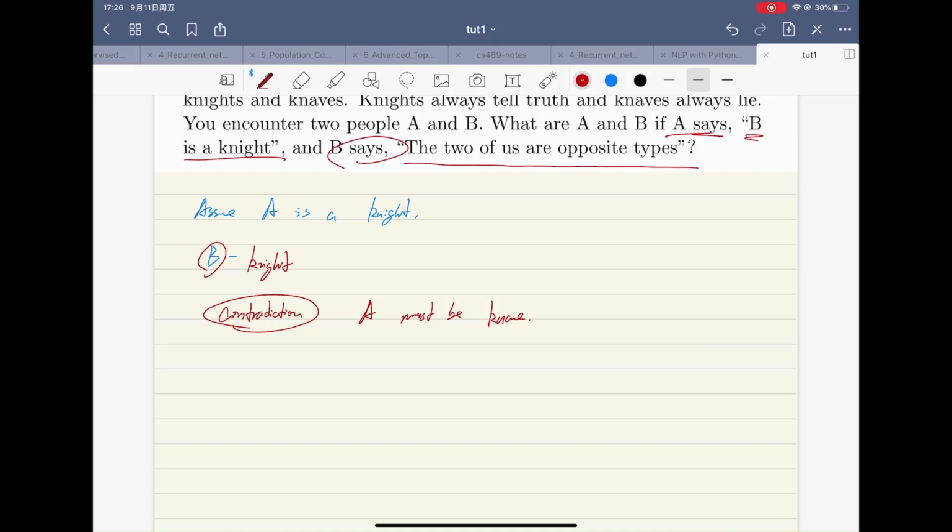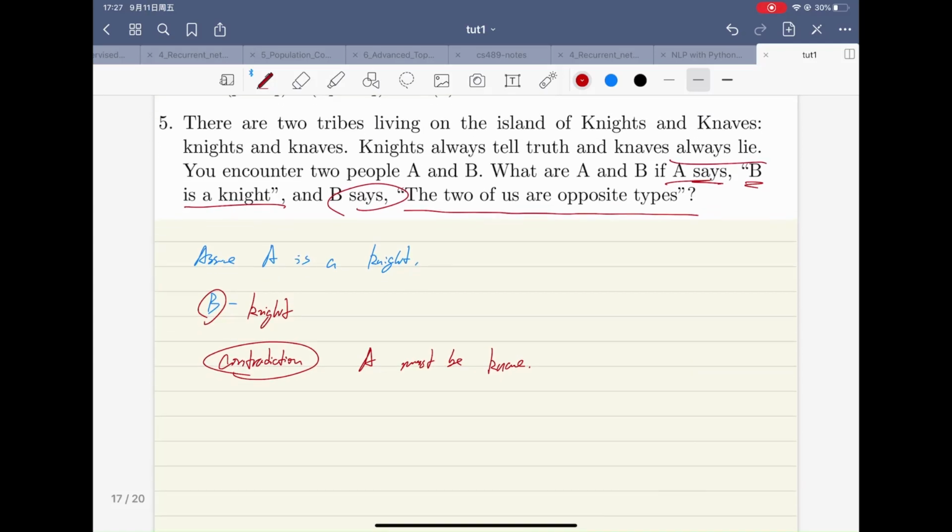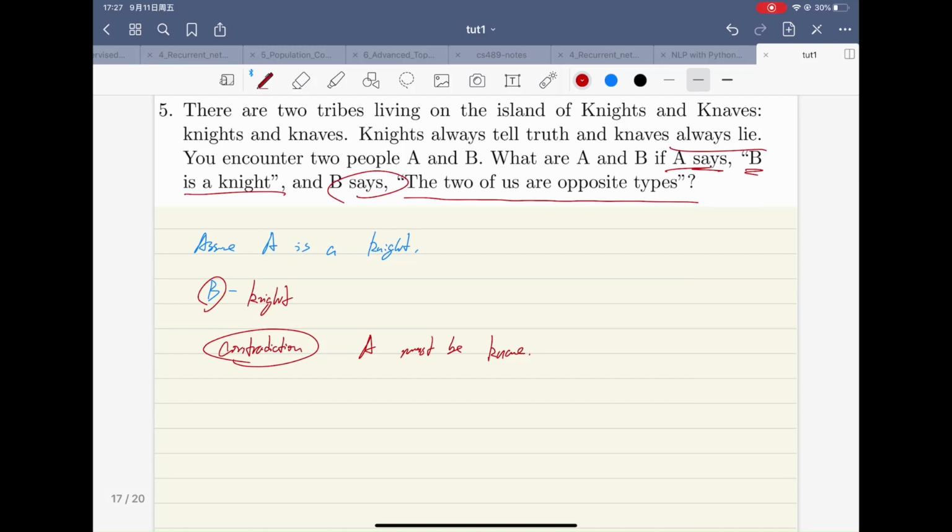And then, because a knave always lies, A says B is a knight, then B is a knave, right? Because a knave always lies.